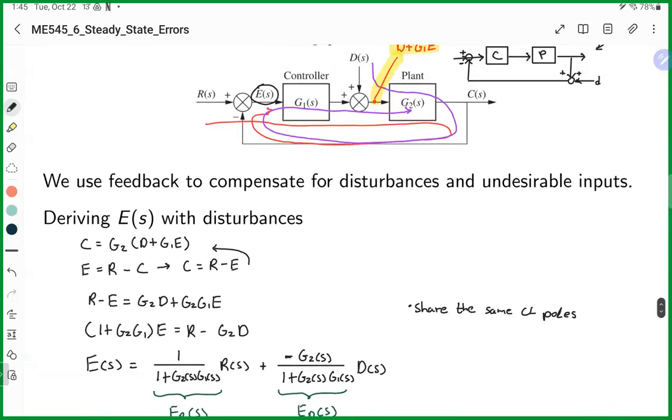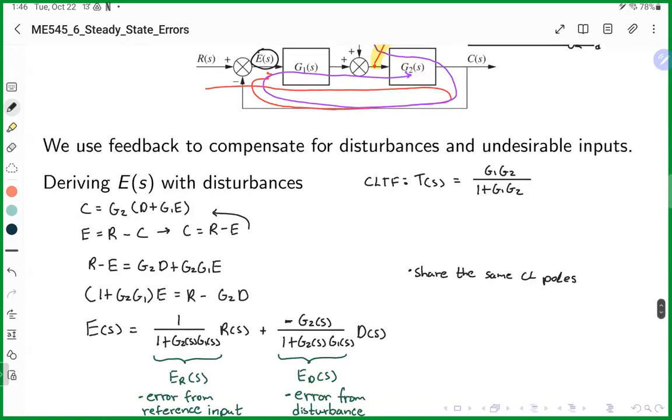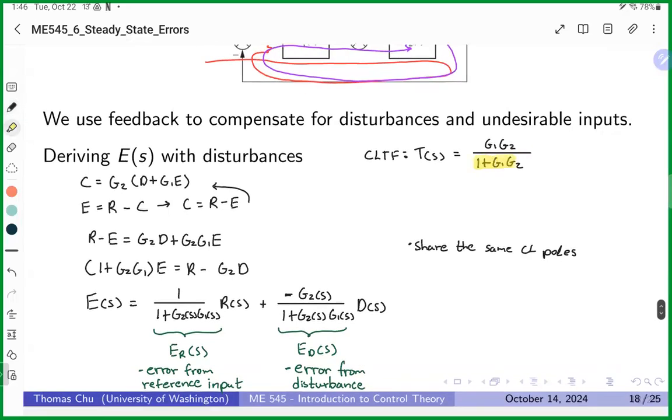Because if we were to derive this closed loop transfer function, call it T, it's going to be equal to G1 times G2 over 1 plus G1 G2. So they share the same closed loop poles.